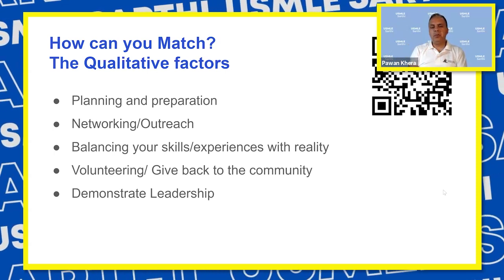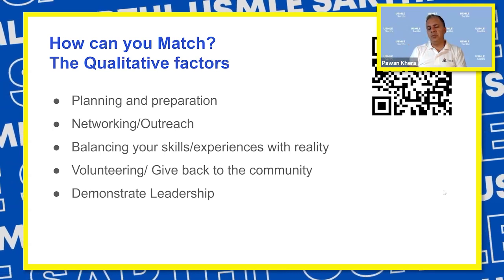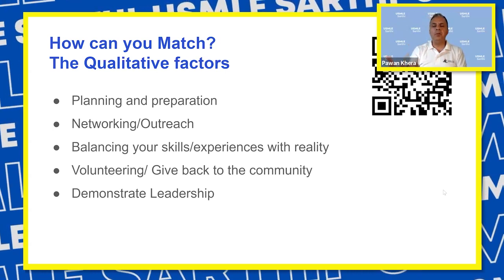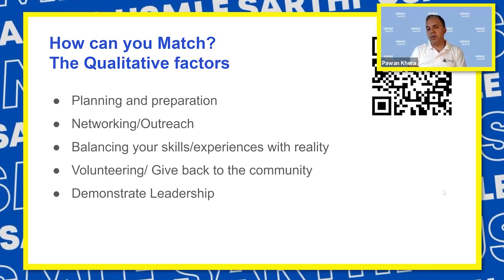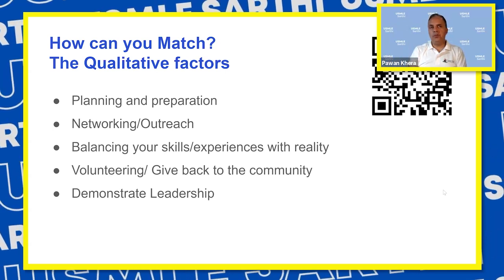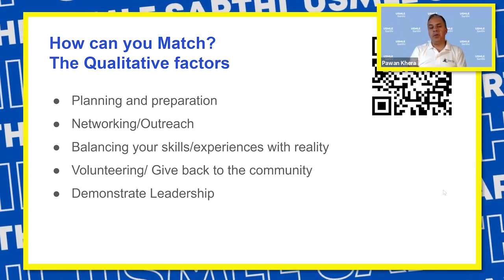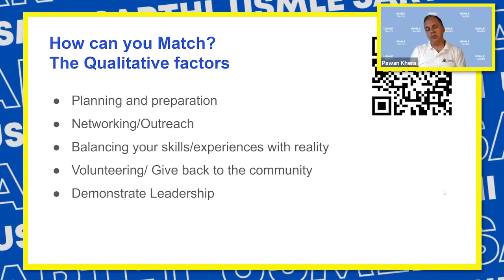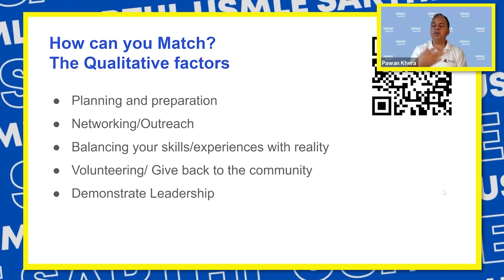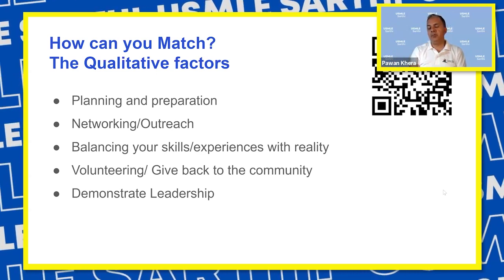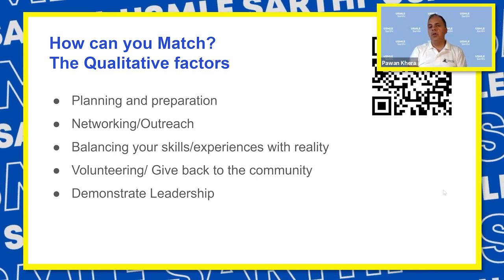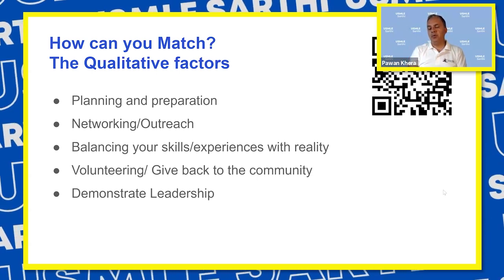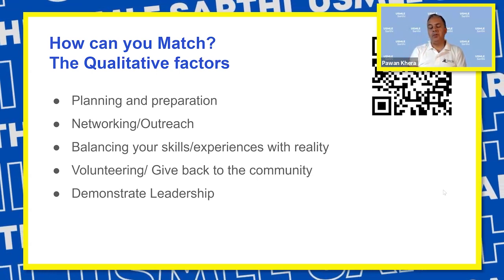Then the question about balancing your skills and experience with reality. What do I mean by that? This is also a qualitative factor. A lot of students may have done an orthopedics residency in their home country, or a dermatology residency in their home country. They have their skills, they have their experience, but the reality of the match is it's very hard to get into these programs or these specialties in the US.